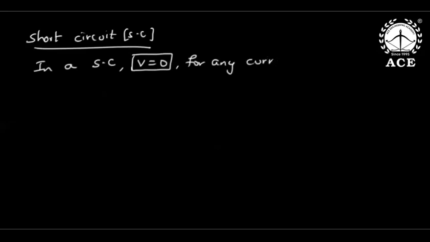So what is the resistance of a short circuit? Zero voltage by any current, because R is V by I. So it is 0 ohms.